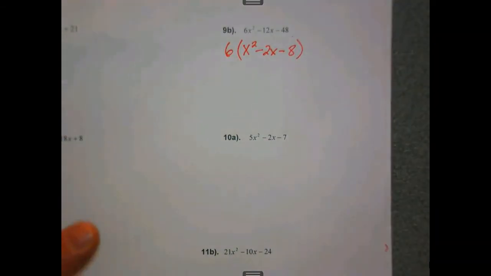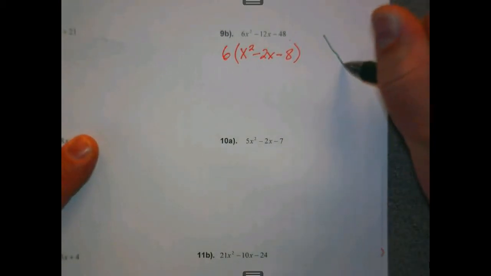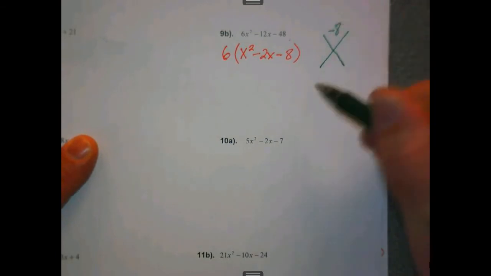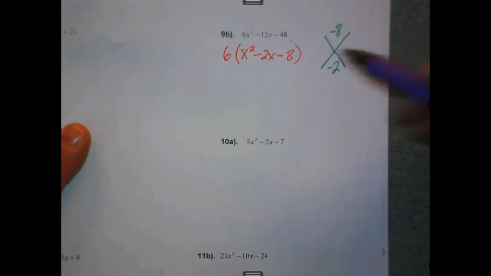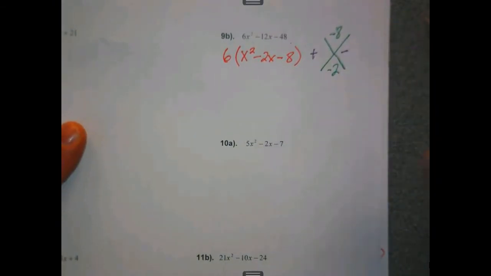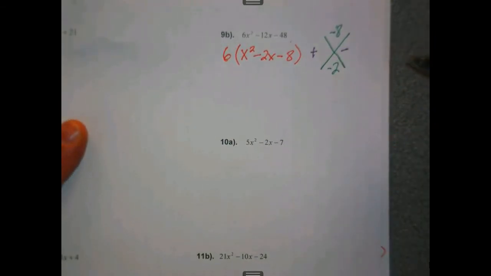Now my A is 1, right? X box. My C is negative 8. My B is negative 2. Numbers multiply to get a negative number. My only choice, positive times negative, so I'm going to be subtracting these. 2 times 4.